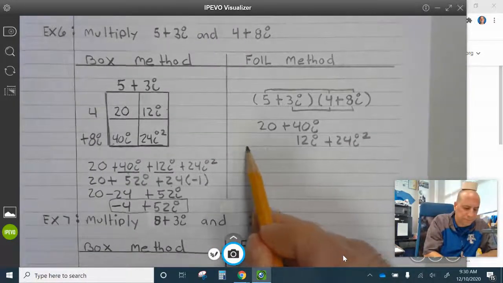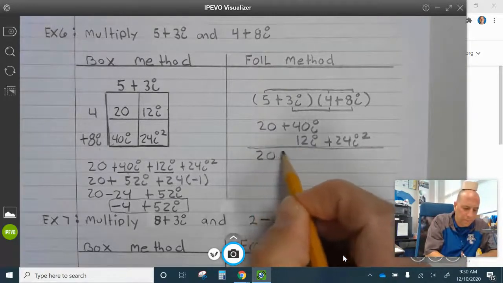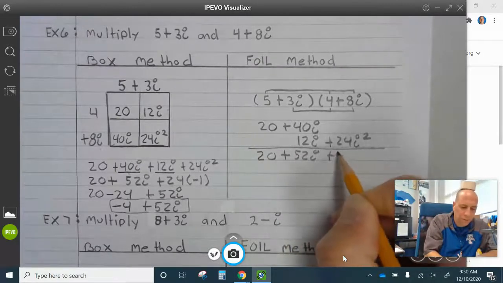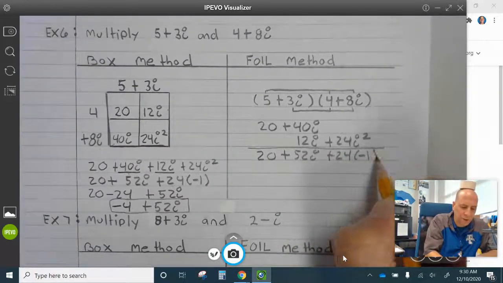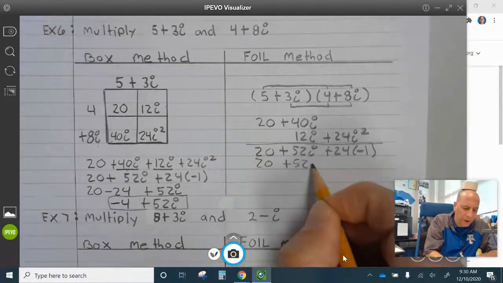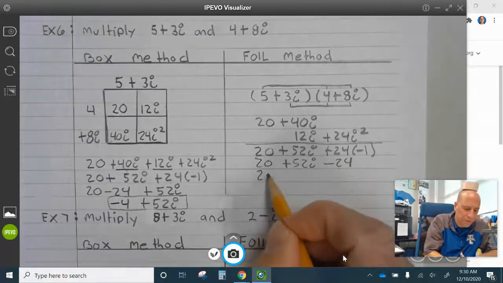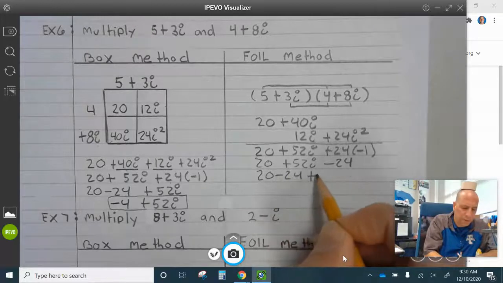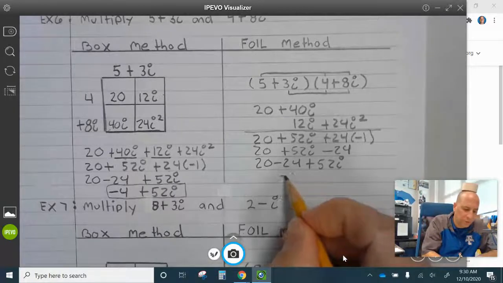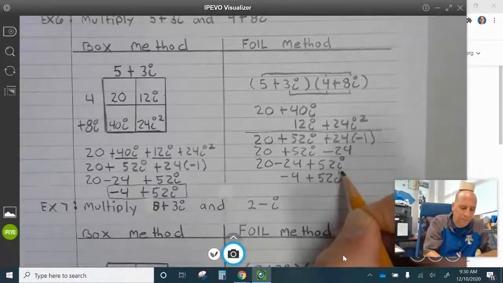Well, that's 20 plus 52i plus, we know that 24i squared is 24 times negative 1. So that's 20 plus 52i minus 24. We can group these together, so that's 20 minus 24 plus 52i. Okay, 20 minus 24 is minus 4 plus 52i.